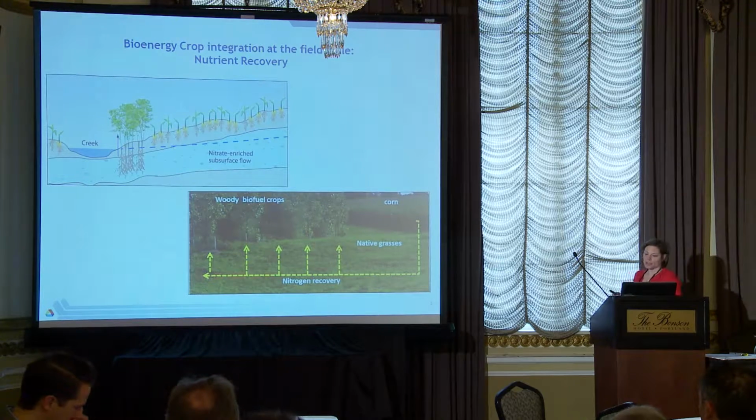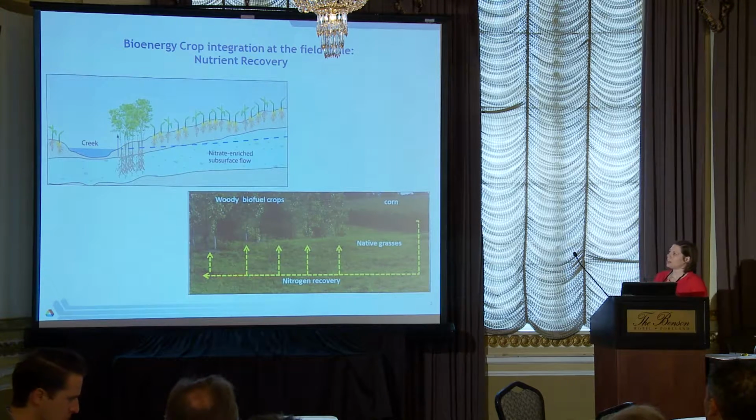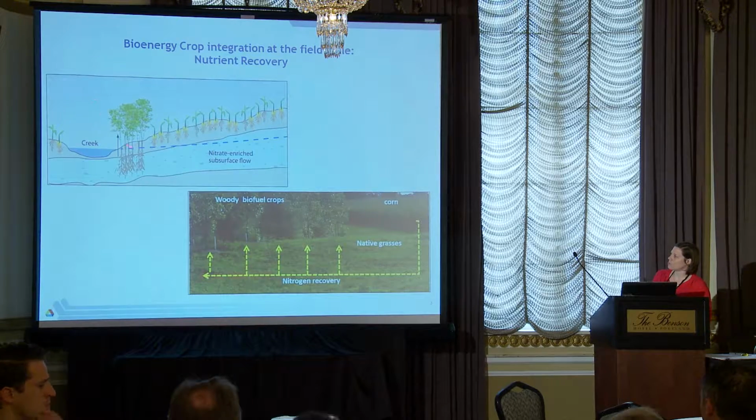So this gives you a visualization of the integration of these bioenergy systems within the agricultural landscape. Ideally, you'd have a grain crop that's upslope of your bioenergy crop here.